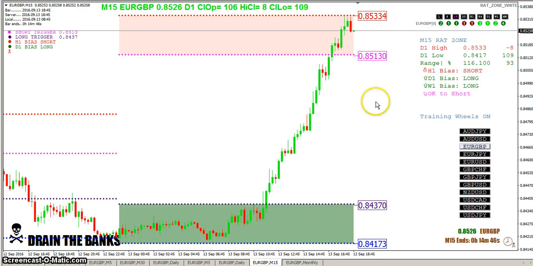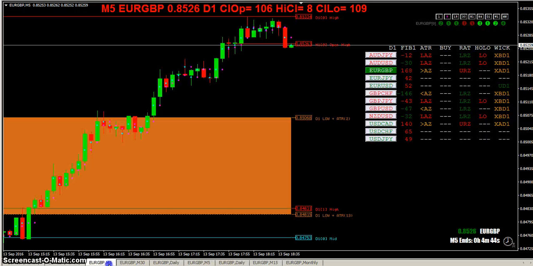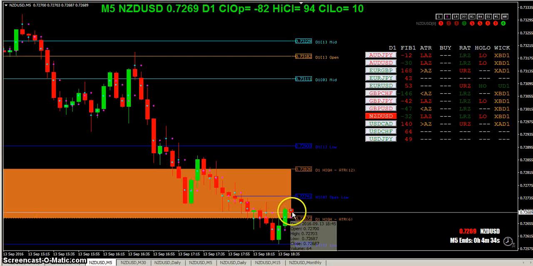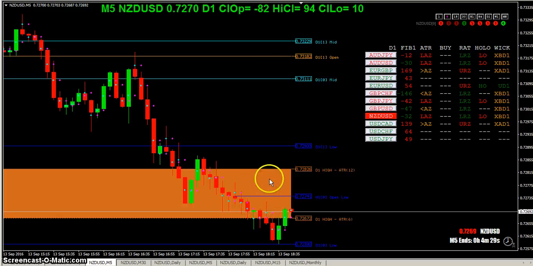Oh, let's see what else looks interesting. We've got the New Zealand US dollar here. Just came back into the lower ATR zone. And we've got the Australian dollar doing the same thing.